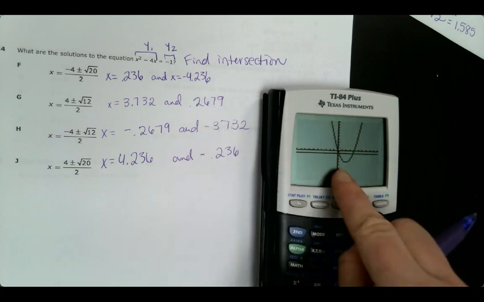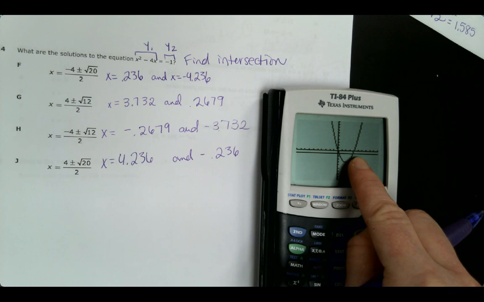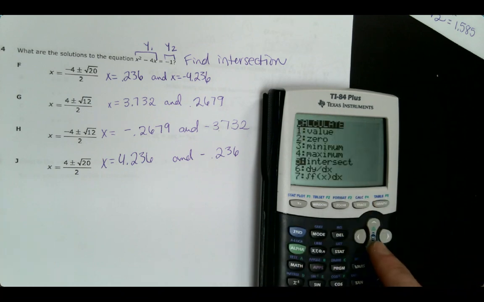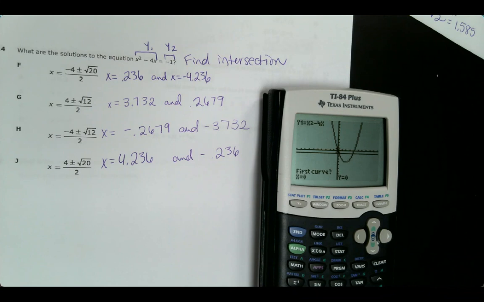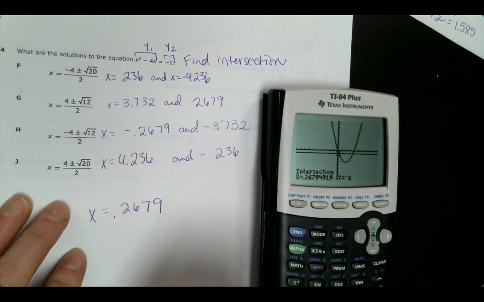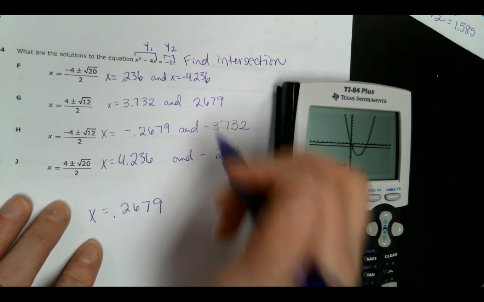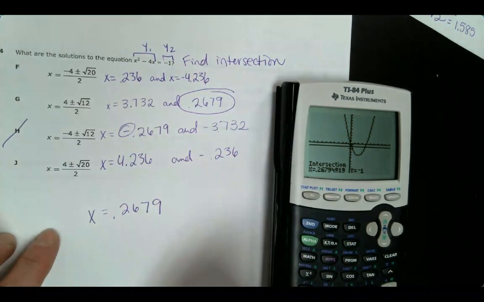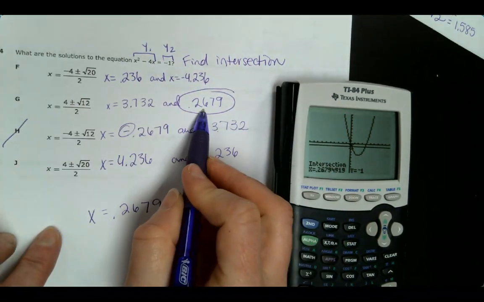All right, so we have this location and this location. So hit second calc, go to number 5 for intersect, enter, enter, enter. So the answer is 0.2679. So look at your answer choices. No, because that says negative. This is the only one that works.